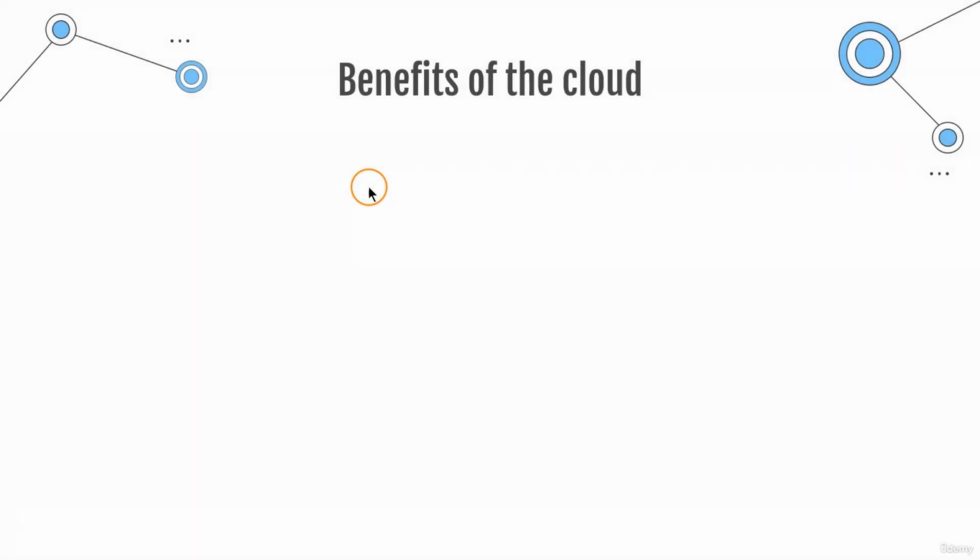The next benefit of the cloud is security. Here, everything is architected in a way that security can be handled either fully by Azure, or depending on the service type, we'll talk about these different service types later on, we sometimes also have the option to handle more of this security ourselves. So this is a big benefit, that we can outsource all or most of the security to Azure.